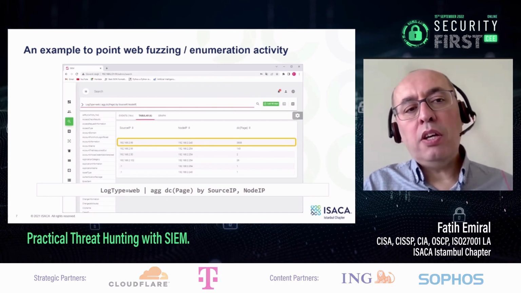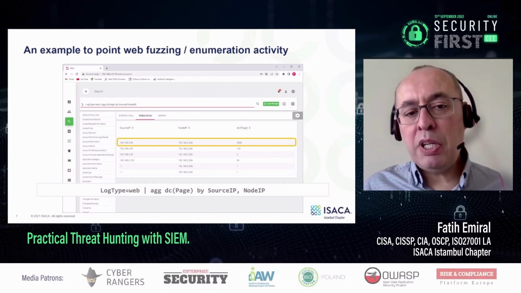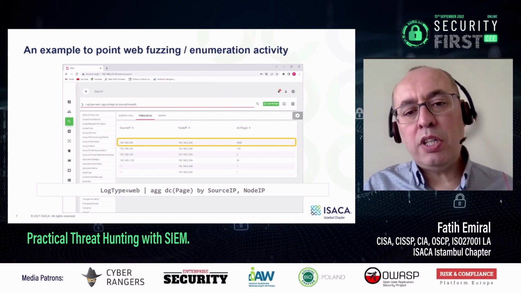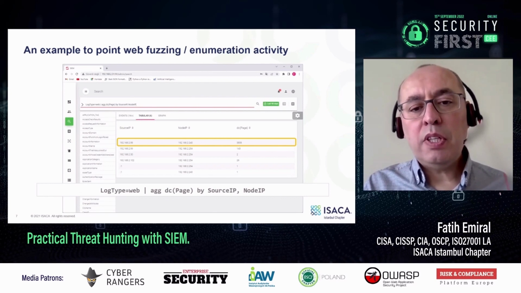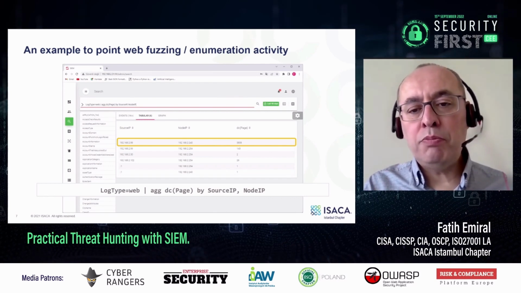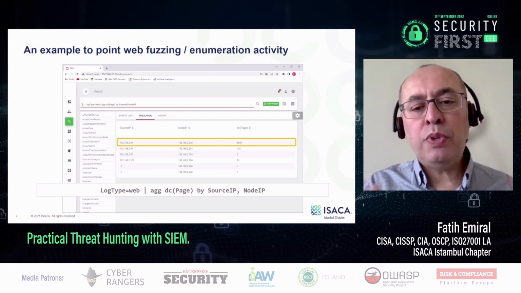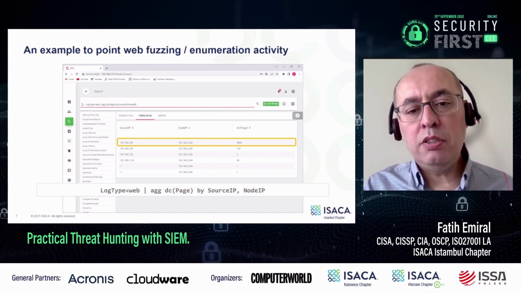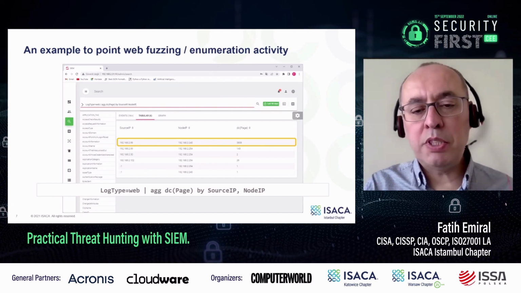If you have some offensive background, you will immediately realize that this is no good. Somebody is trying to brute force your web server, web application, to find a weak point basically, to intrude into your web application.